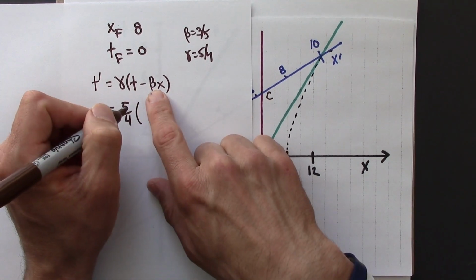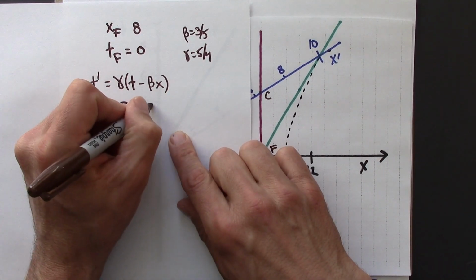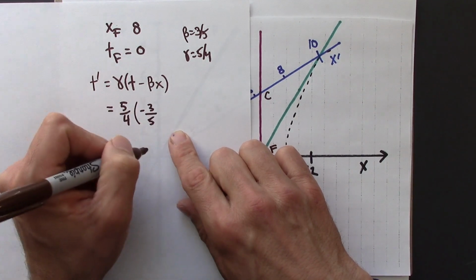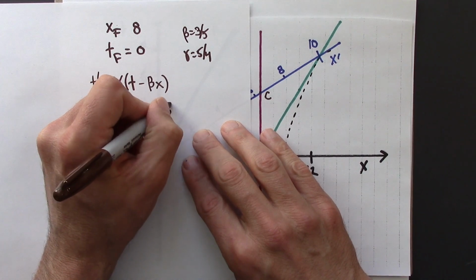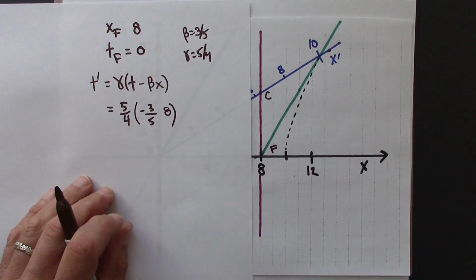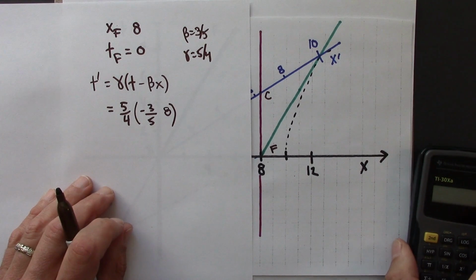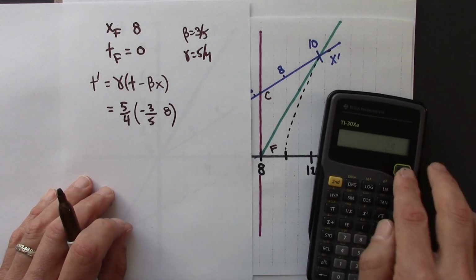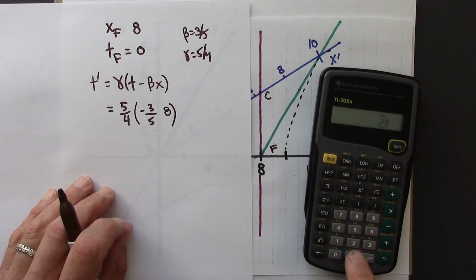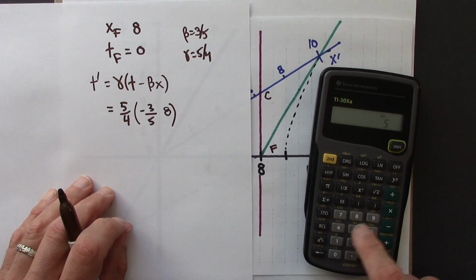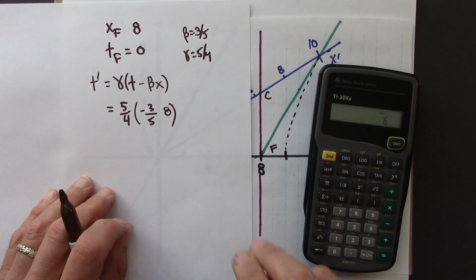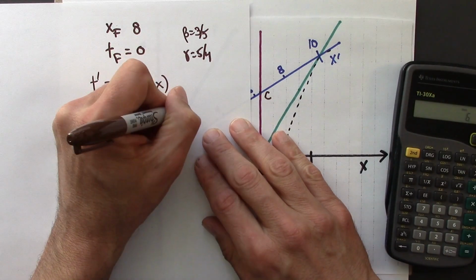So then I'm just going to have a minus beta, that's going to be a minus 3/5, and then x, which is 8. So that's 15/20 times 8. So let's see, 5 times 3 divided by 4 divided by 5 times 8 equals 6 with a minus sign.